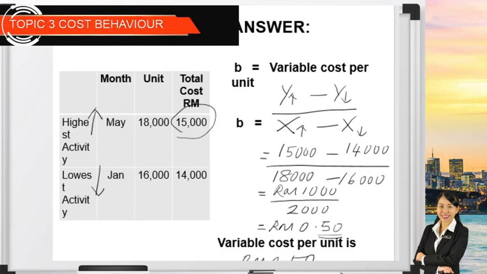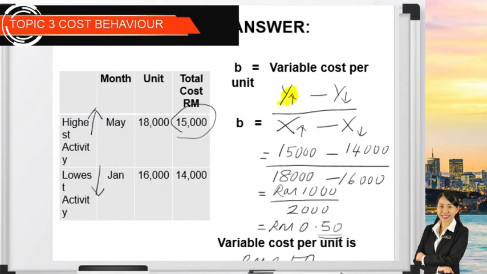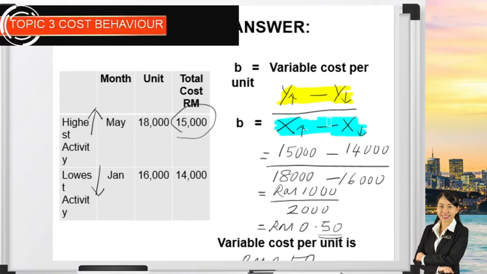Again, I repeat, to find out variable cost per unit, we will use our formula: the highest y minus lowest y, divided by x highest minus x lowest. All this we can find from our table here.